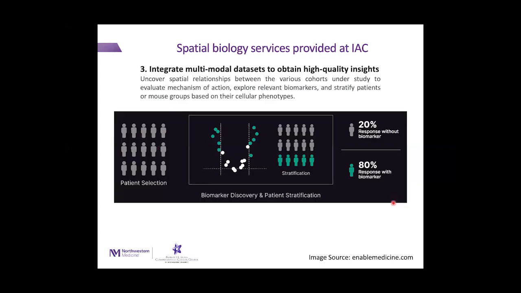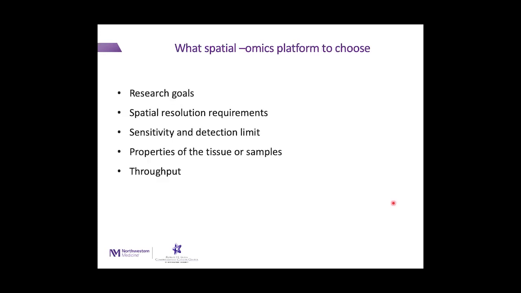What all of this information can give you is that you can integrate the multimodal data sets to obtain high quality insights, which you can further evaluate to find mechanism of action, explore relevant biomarkers, and stratify patients or mouse groups based on their cellular phenotypes.